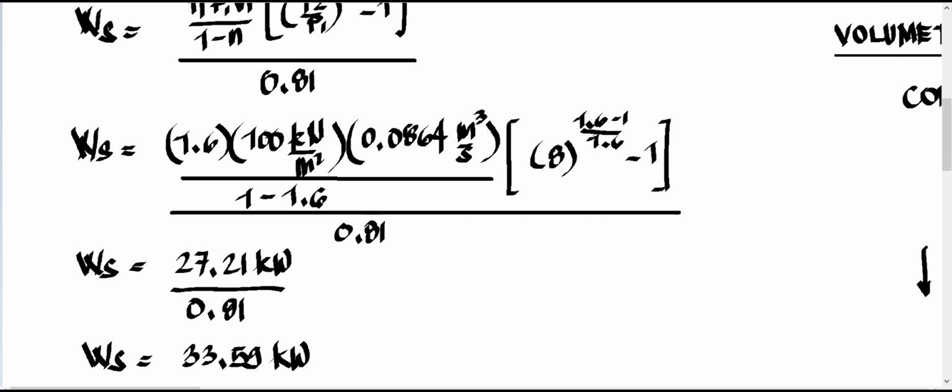That is also the work that will be required to be produced by the electric motor in order to produce this system that discharges at 8 times the ambient pressure of 100 kilonewton per square meter. So 8 times that will be 800 kilonewton per square meter. That will be the output of the compressor.